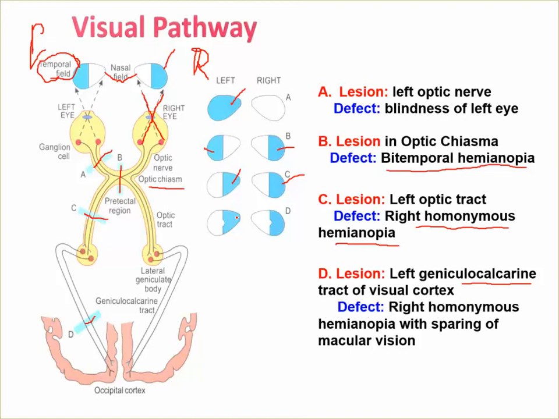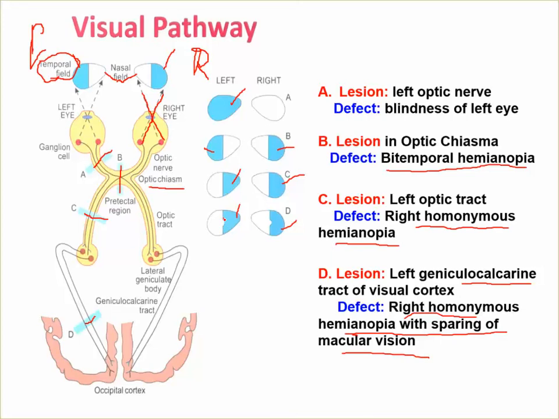So again we have the loss of the nasal field of vision of the left and the temporal field of vision of the right. But it's called right homonymous hemianopia with sparing of the macular vision, as you can see here, there is a small sparing of this central part of the vision.